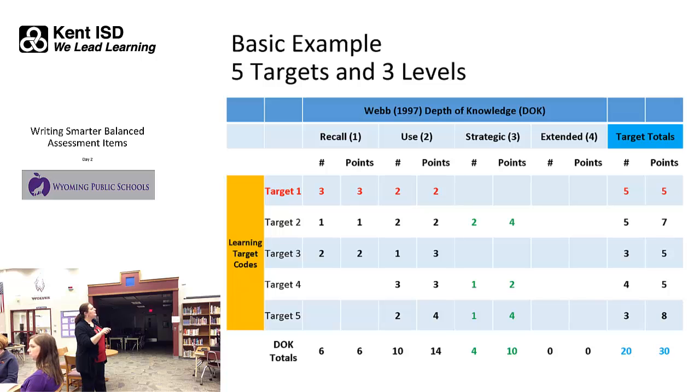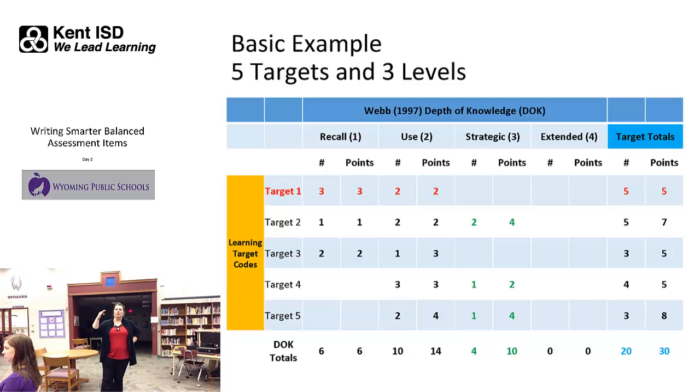Target 2 takes it a little bit further: 1 recall question worth 1 point, 2 level 2 questions worth 2 points total, and 2 level 3 questions worth 4 points total. So there is a shift between target 1, where you're looking at those lower levels, and target 2, where you're starting to tap into the higher levels, and it's worth more points. Targets 3, 4, and 5 follow suit, where you see some of these targets are really gearing towards levels 2 and 3.